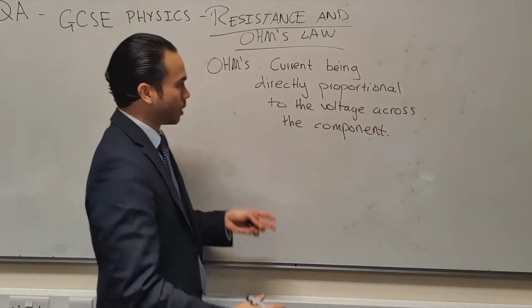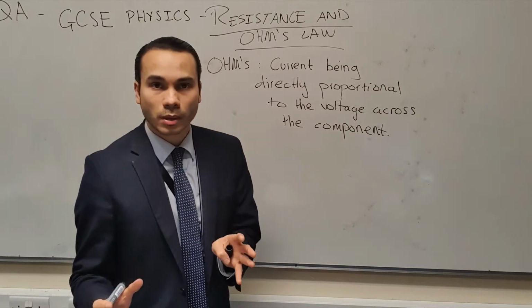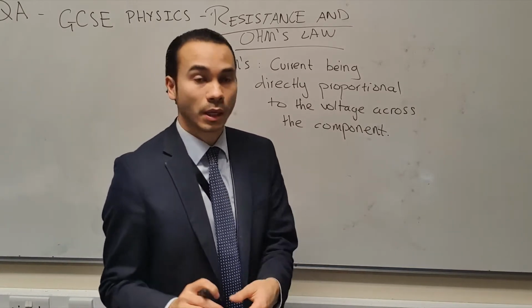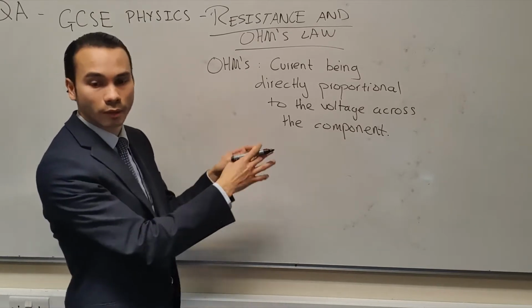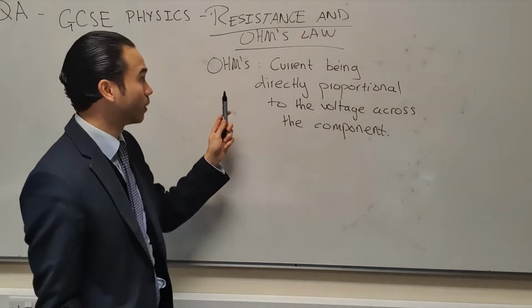Okay? And there's one important practical that you've got to be familiar with. I'm going to draw the circuit diagram for you. Please screenshot this or freeze the video for this definition.